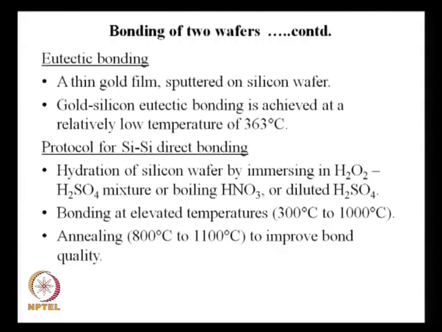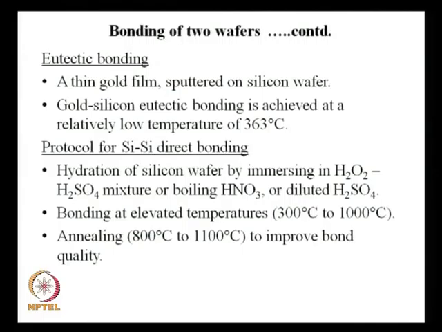So, you have to treat this silicon material first by dipping it into a certain liquid, and then the bonding between a silicon and a silicon layer takes place at an elevated temperature of 300 degree centigrade to 1000 degree centigrade. Next, the annealing is done at 800 degree centigrade to 1100 degree centigrade to improve bond quality.